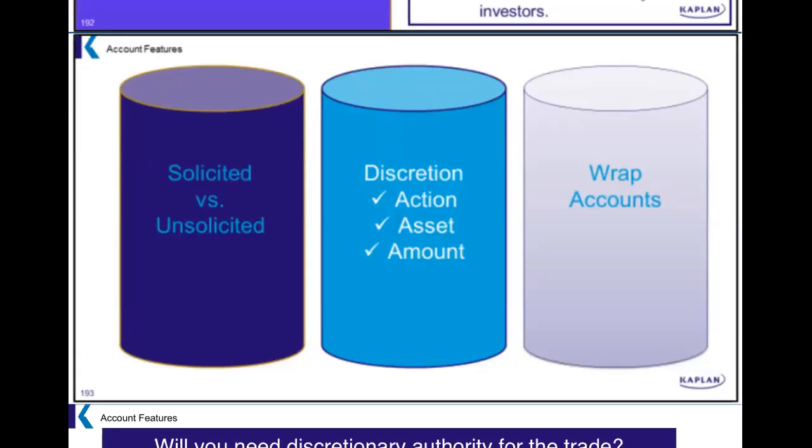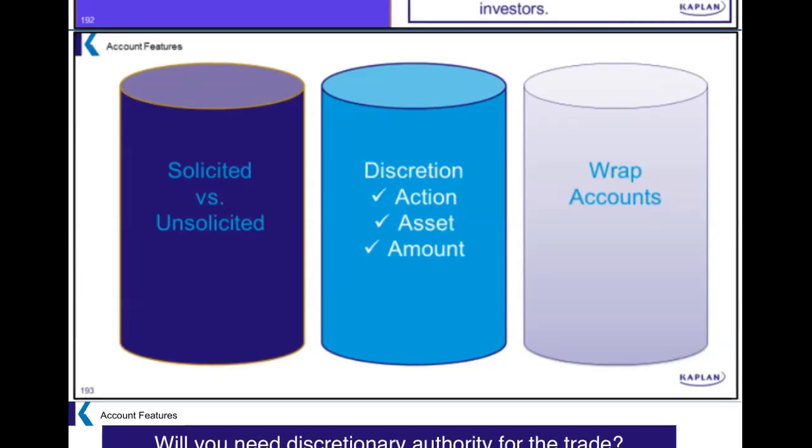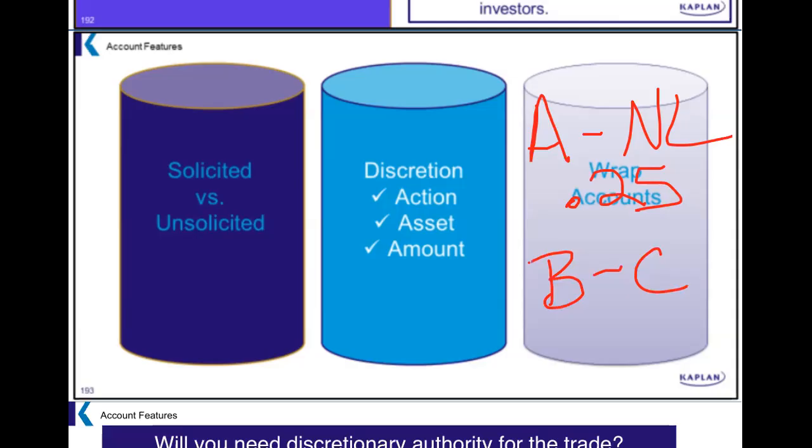We did talk about it, I believe, a little bit in Unit 4 in mutual funds. I said that an A share and a no load share cannot be charged more than 0.25, and a B share and a C share cannot be charged more than 0.75.